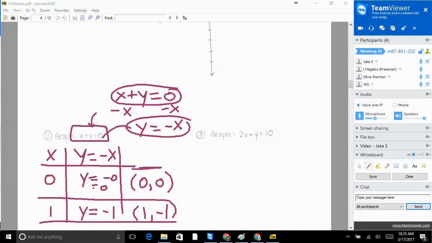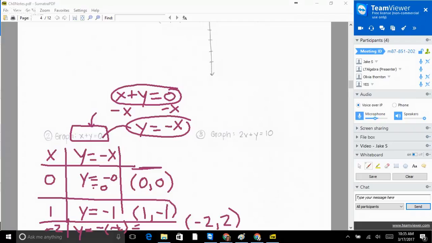I'm running out of room. Let's do one more point. Do you want to make x equal a negative number? Let's try that. What happens if x equals -2? y equals 2. So that means my point is -2, 2.